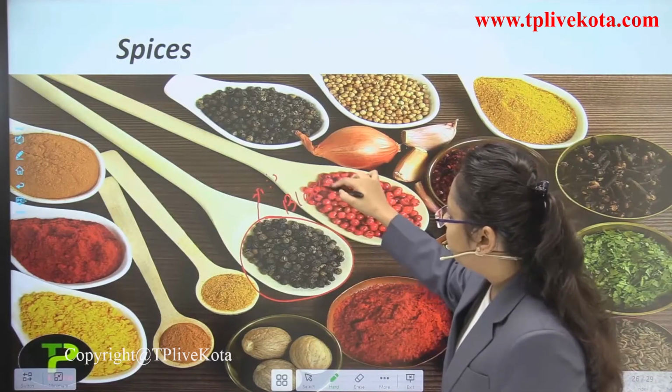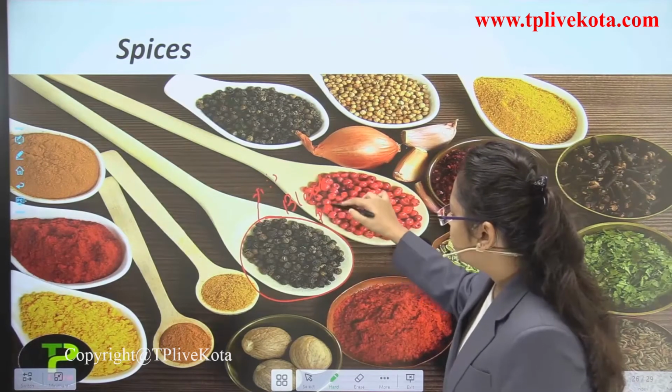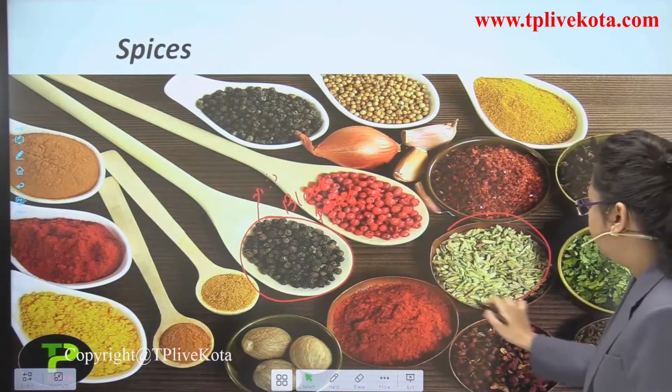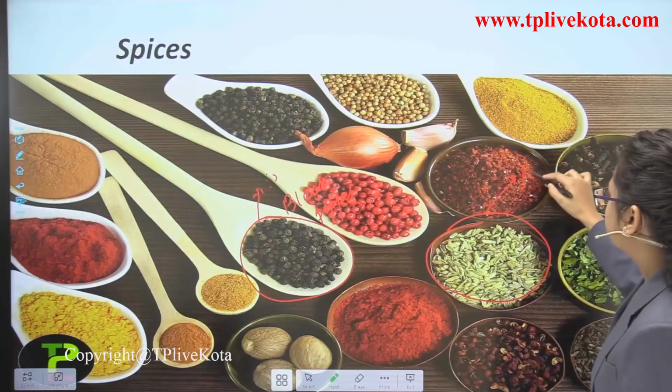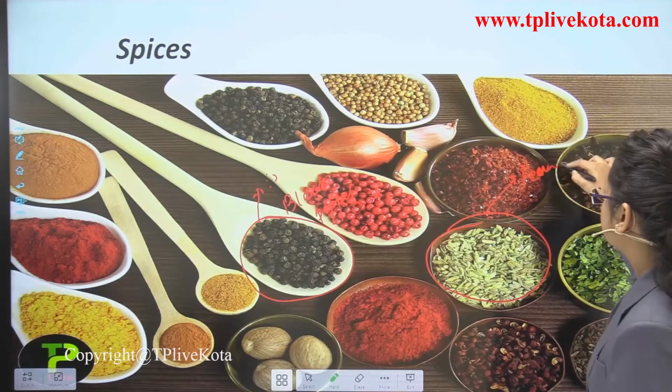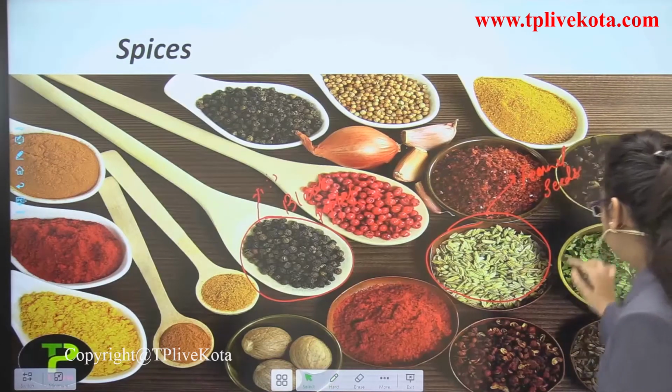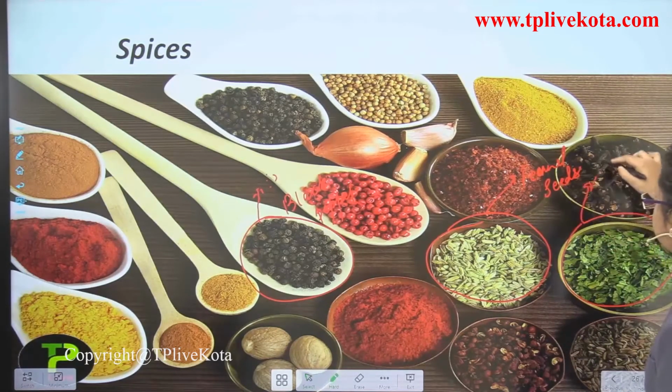This is the black pepper. These are fennel seeds. These are fenugreek leaves, which are also known as methi in Hindi.